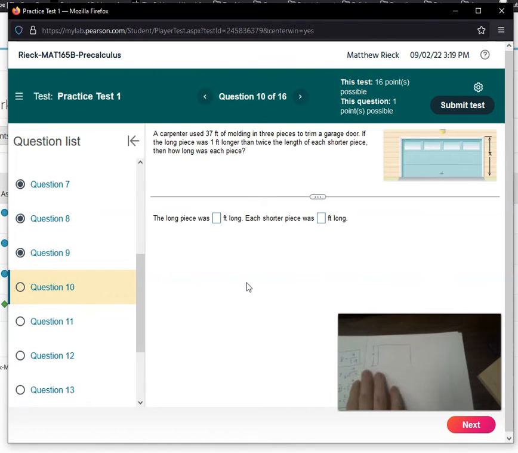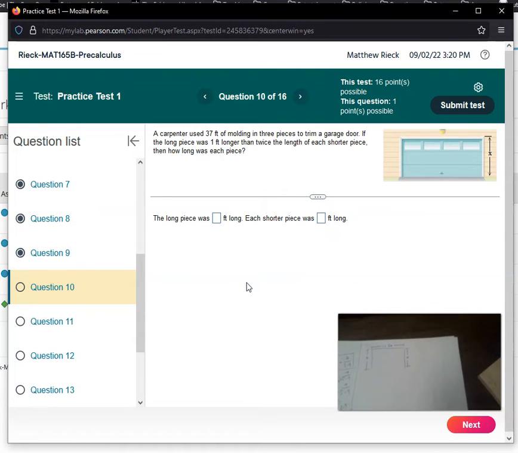And we have the short piece is my x. And here we have my long piece. So it says the long piece is 1 foot longer than twice the length of each short piece. So that's going to be 1 plus 2x. And have the other short piece on the other side.